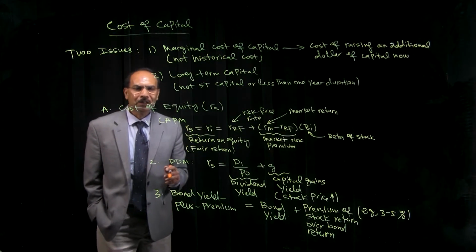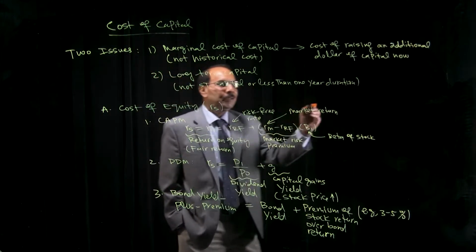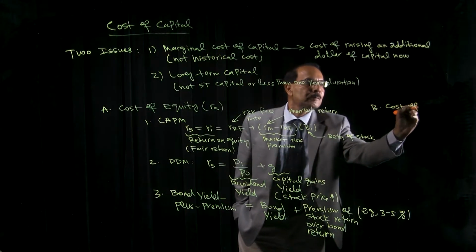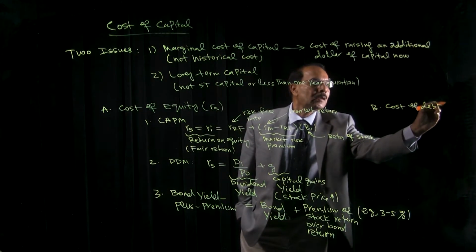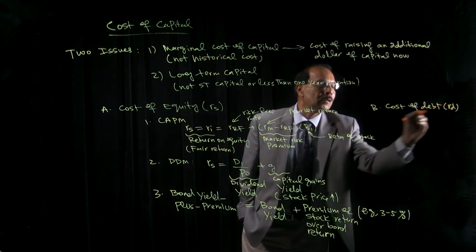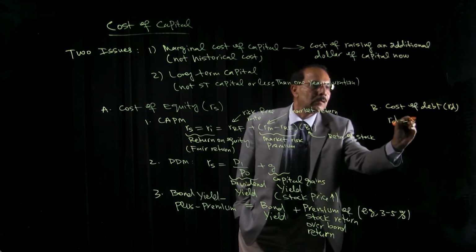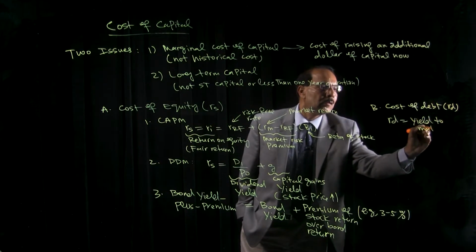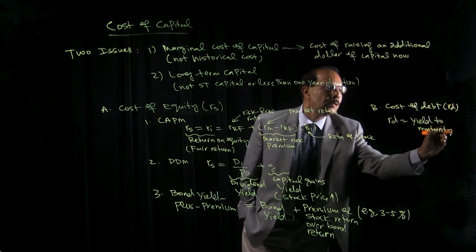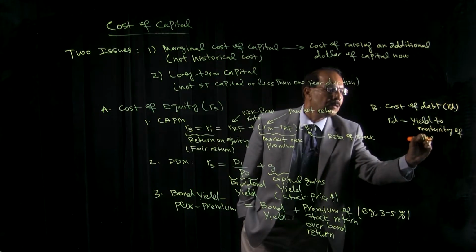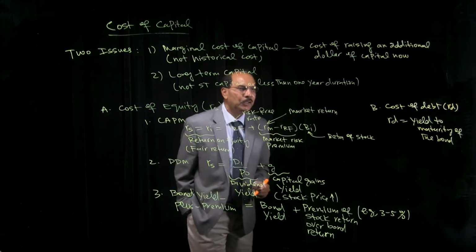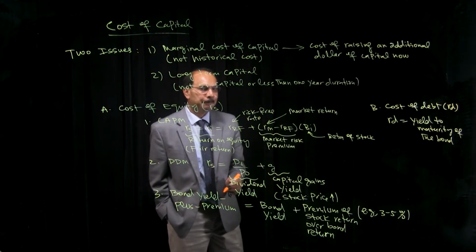Similarly, we can find the cost of debt. Cost of debt is going to be simply the yield to maturity of the bond.